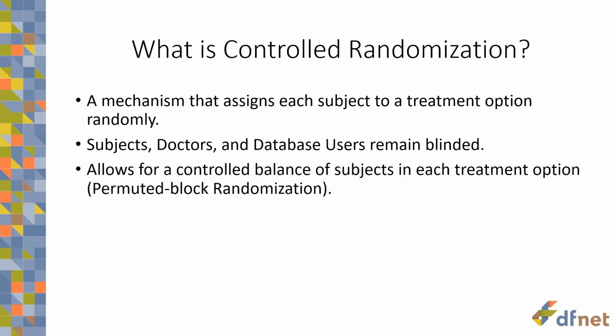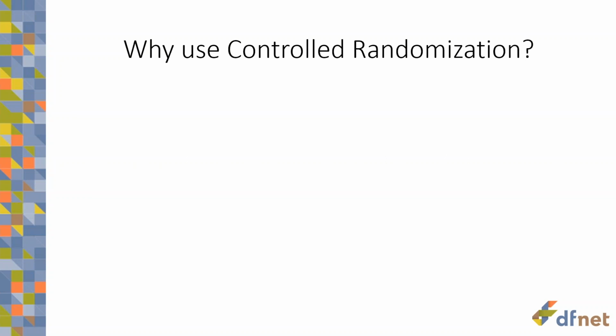And it allows for a controlled balance of subjects in each treatment. So we are going to be covering Permuted-block Randomization, which I will be going into further depth in a moment, but it allows you to maintain a healthy balance of how many participants or subjects land in each treatment group.